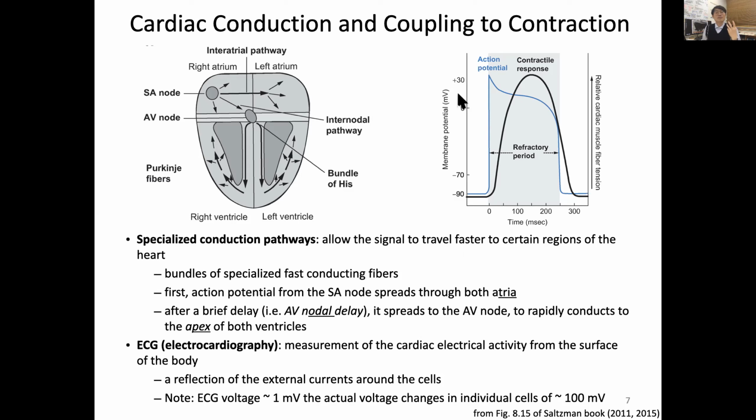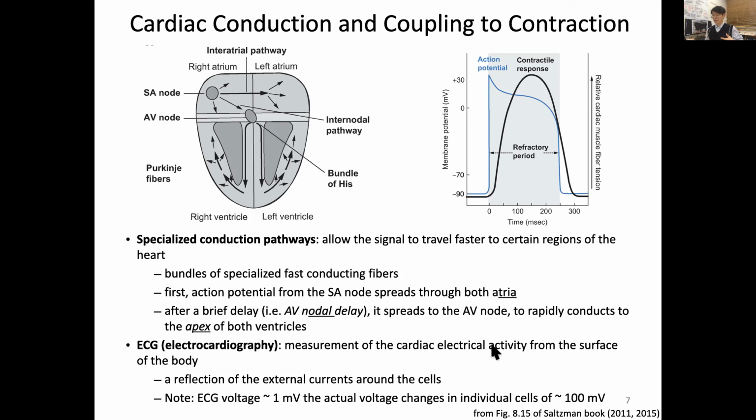Remember, this property of the heart action potential actually helps us detect issues or problems in our heart by using electrocardiography, or electrocardiogram, ECG, because we measure the cardiac electrical activity from the surface of the body non-invasively by putting electrodes on the body.